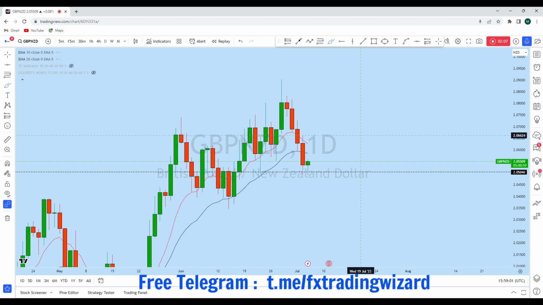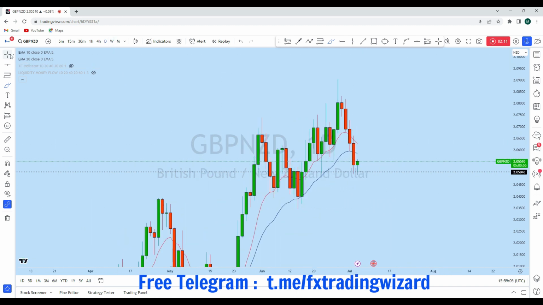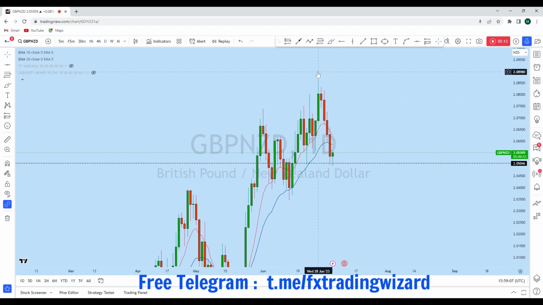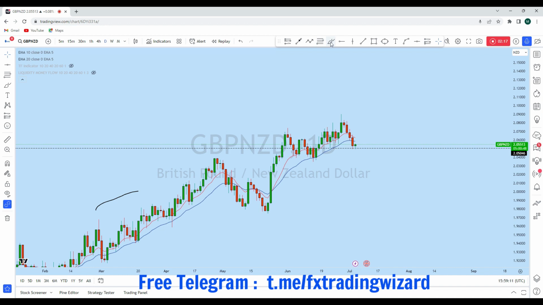Now if we look at the daily, from the daily perspective GBPNZD already had a strong drop, and you can see this is the daily impulse here, with this movement from this narrow doji, which created this consolidation pattern.